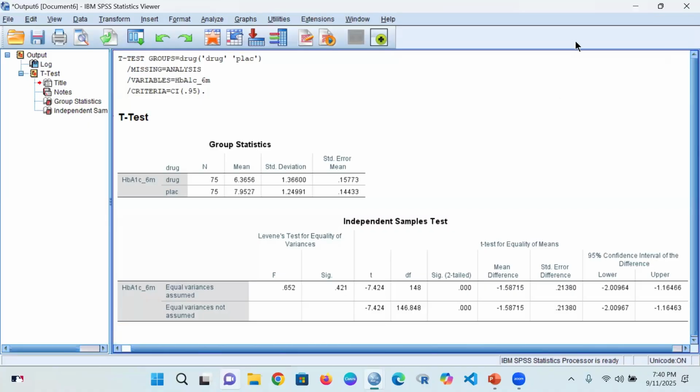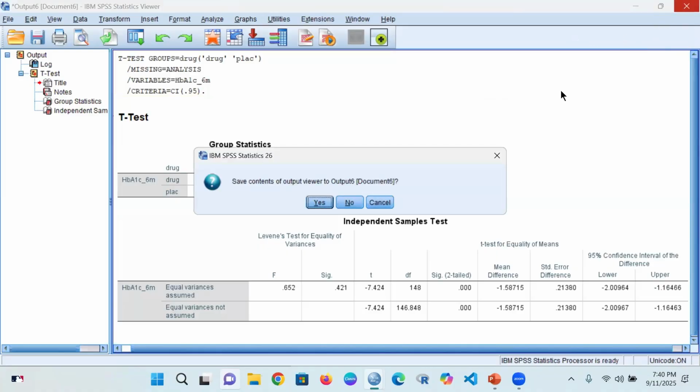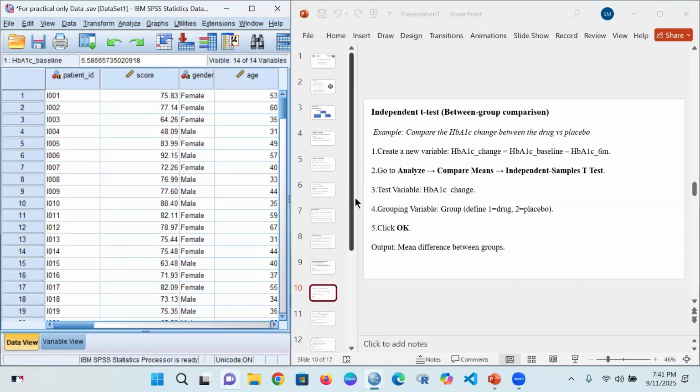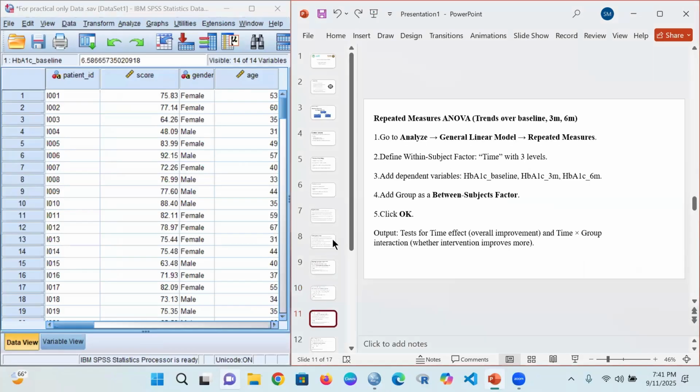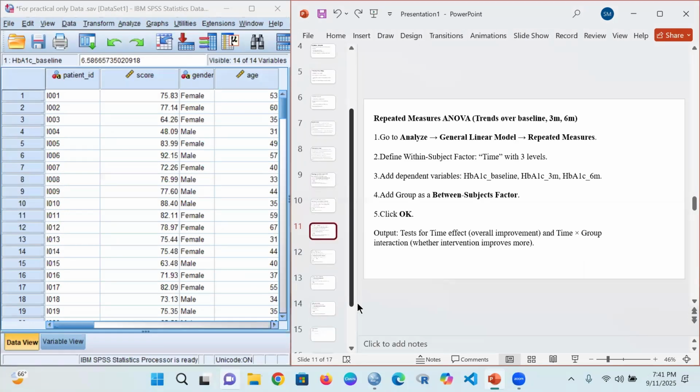So we go next to conduct the next analysis. Let's close this analysis for now.